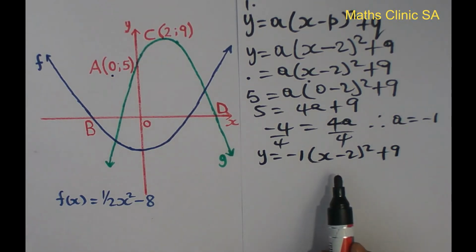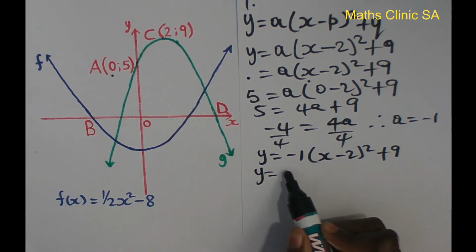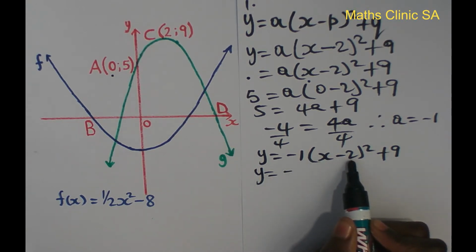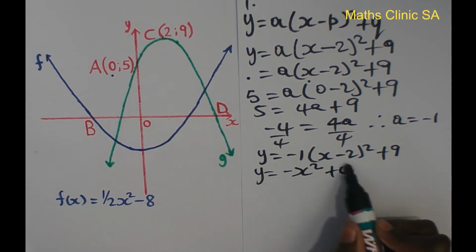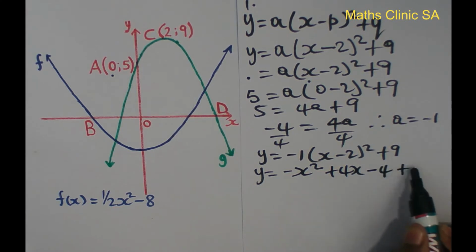So expander yonke landelayo iza kuba x squared plus 4x plus 5. Okay, must improve. So it's a negative bracket lena izaba ngu x squared minus 4x plus 4, so it's a negative x squared plus 4x minus 4 plus 9.